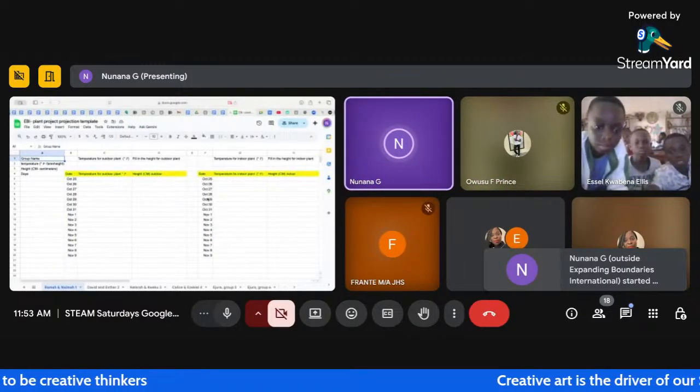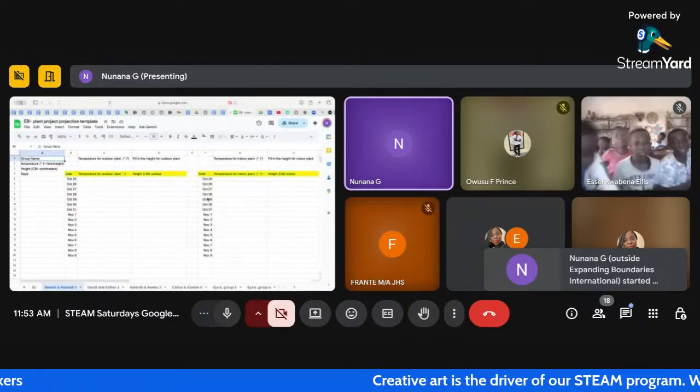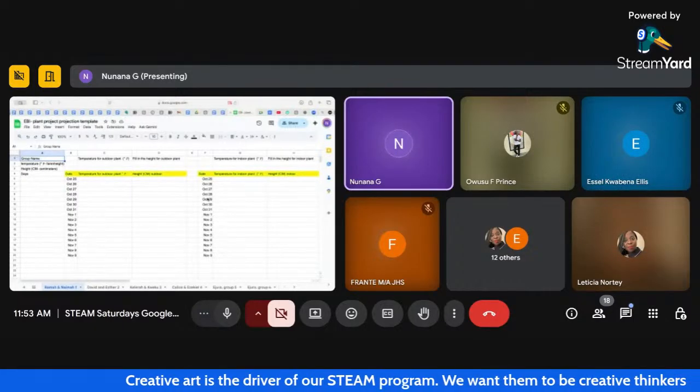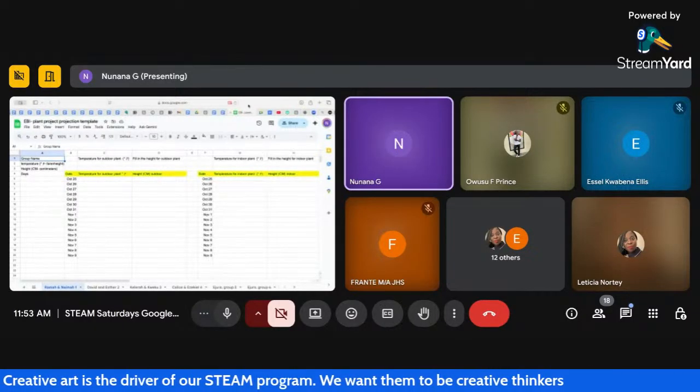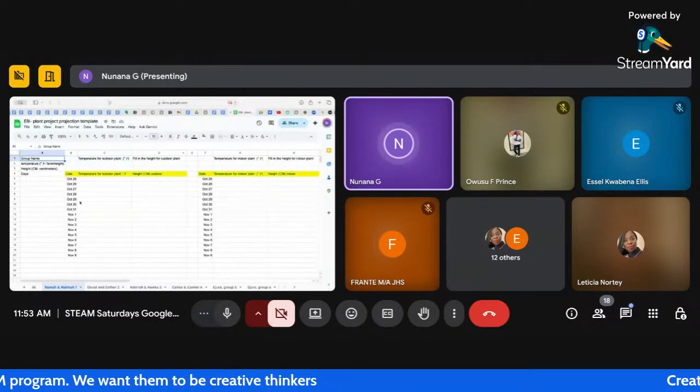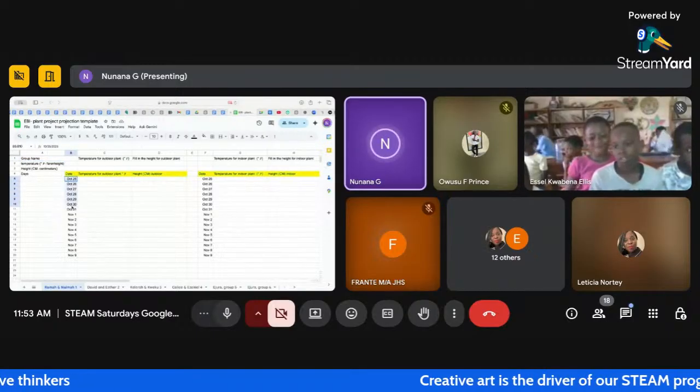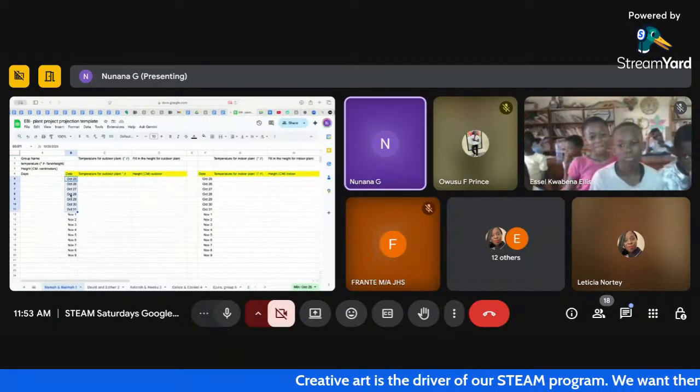Okay, you guys can see my screen? Okay, so this is the sheet that you guys can put the temperature. So we're starting November 1st.